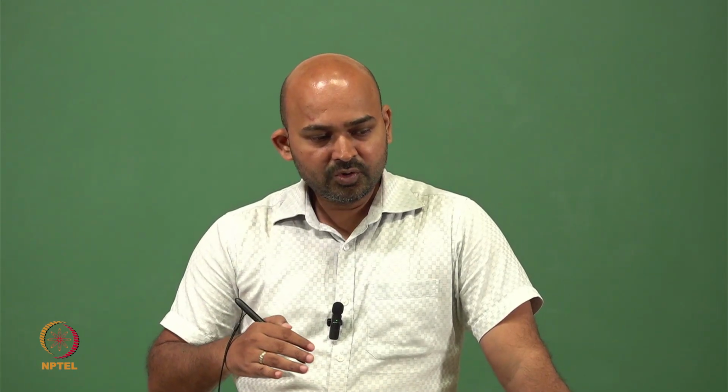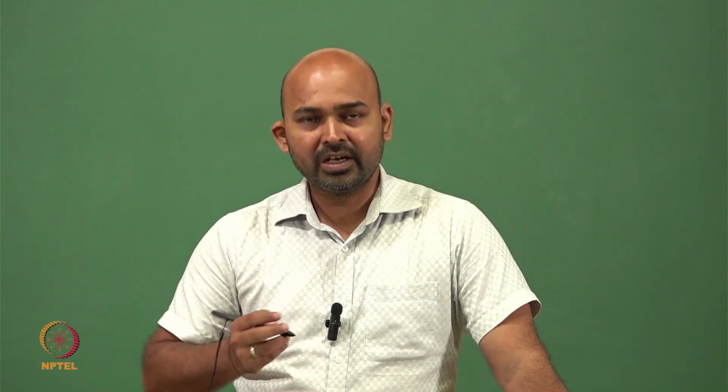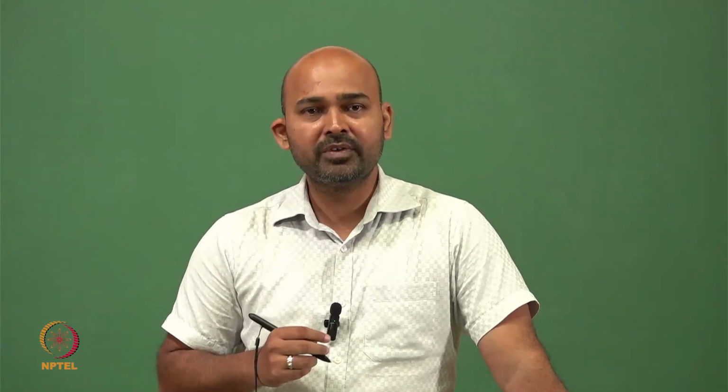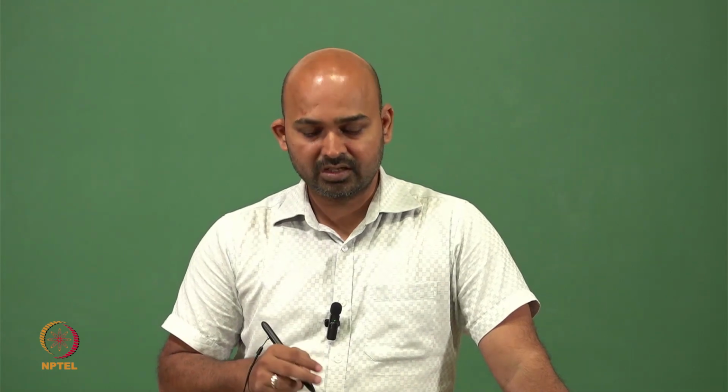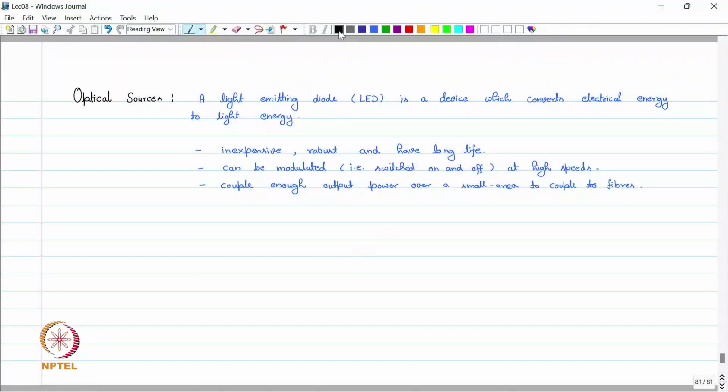Then we have two types of phenomena. One is called photoluminescence and one is the electroluminescence. So these are two different phenomena that occur to generate these photons. Let's discuss them as well. So the first one is the photoluminescence.